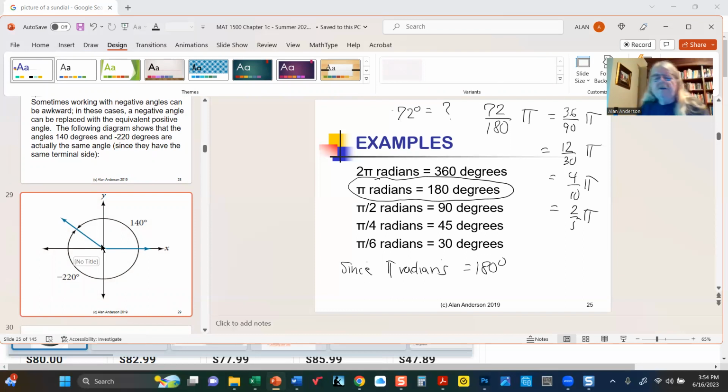Oh, and by the way, don't forget that pi is equal to approximately 3.141.